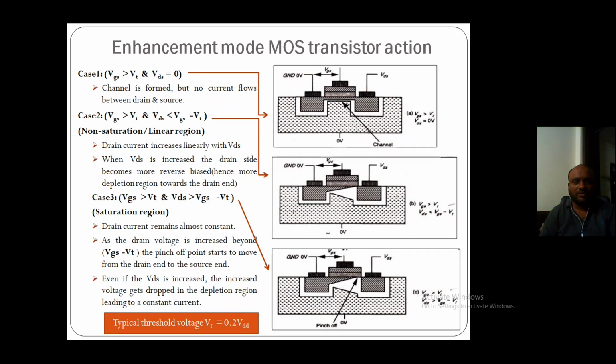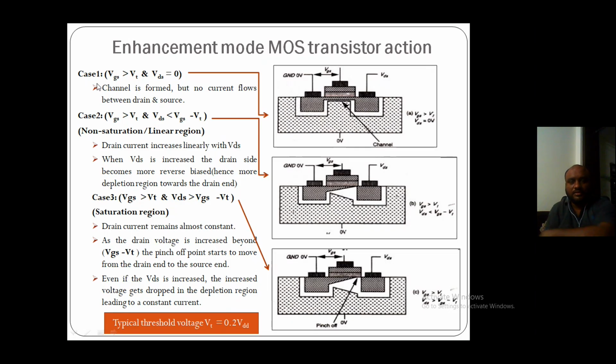Now let us have a look at the working of the enhancement mode MOS transistor, or its action. Taking into consideration the NMOS transistor with P-type substrate and doped with N-type impurities on either side forming the source and the drain, and a polysilicon forming the gate.